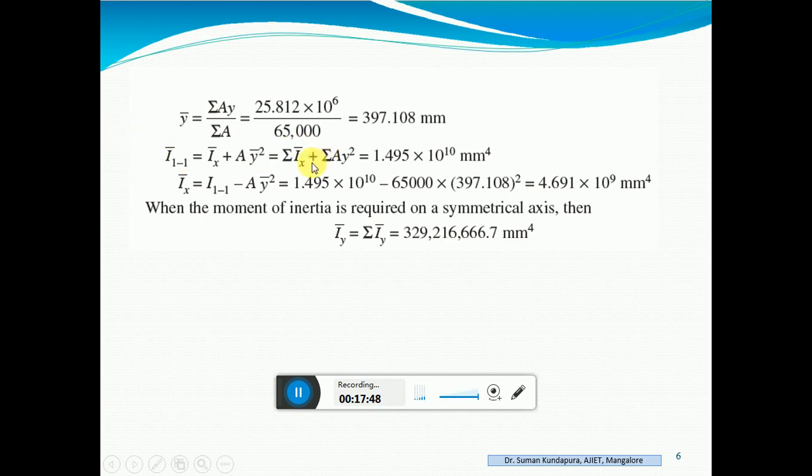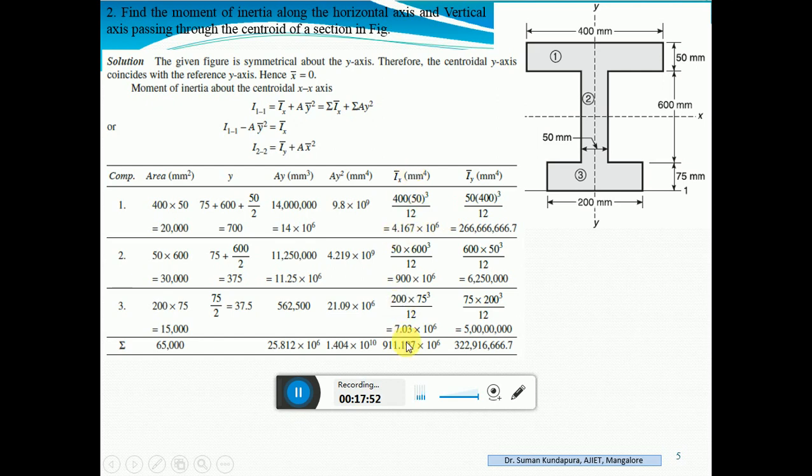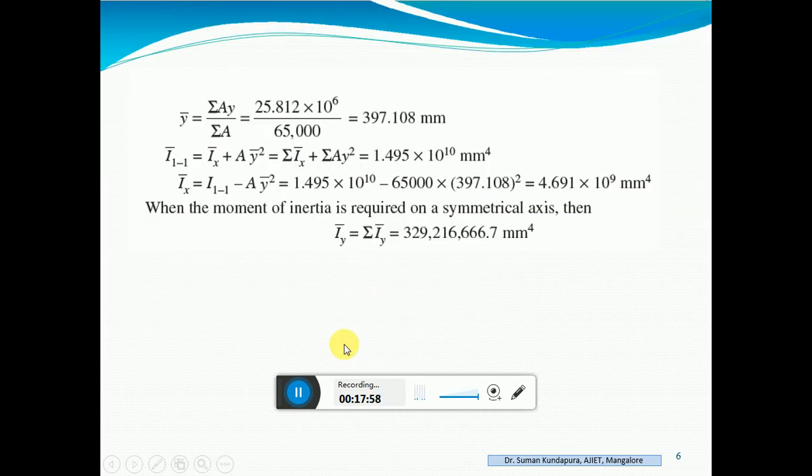Next one is I11, which is equal to summation Ix bar, which is from here, plus summation a y square. You will get it as so much. Now I got I11. From here I can calculate Ix bar.